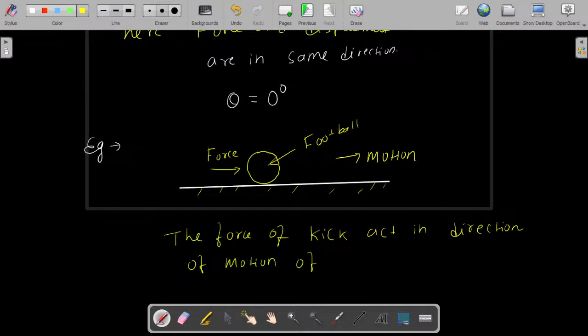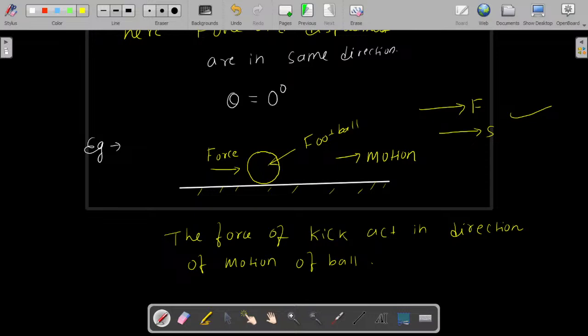Okay, so this is an example of positive work, because you are applying force in this direction and displacement also in same direction. That's why here work is positive.